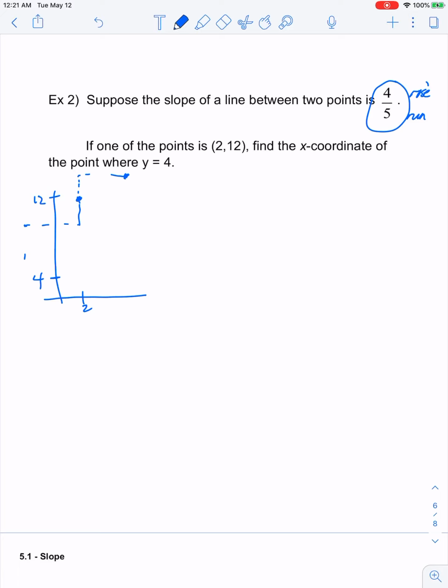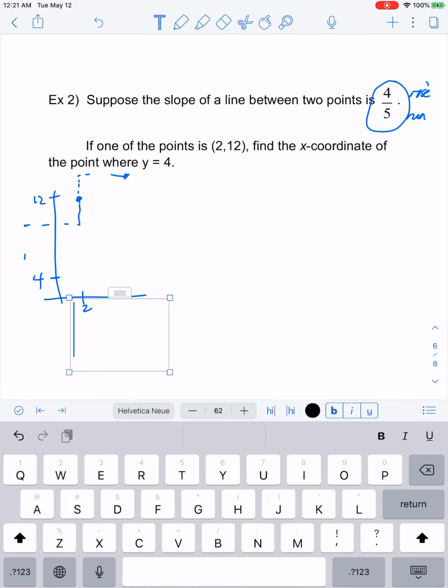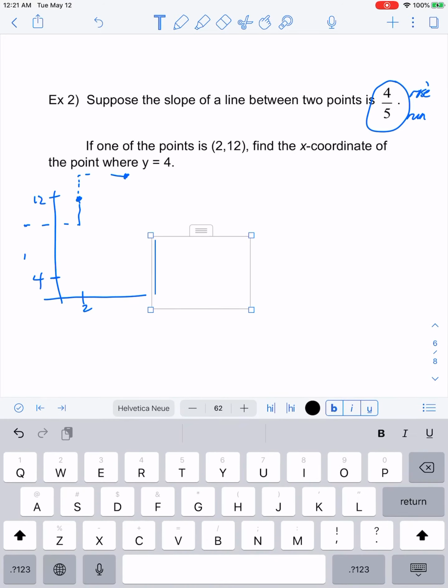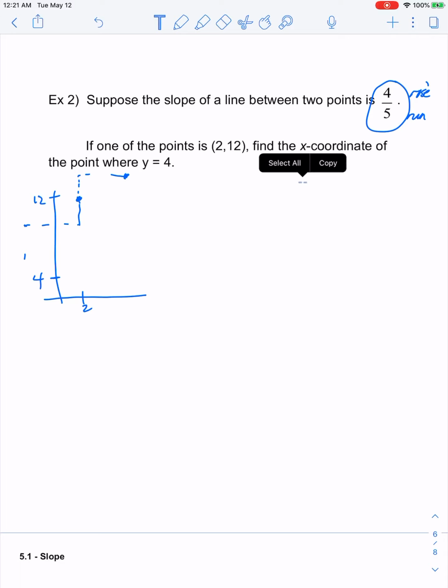I don't think I can move this over. I don't know how to work this software. Okay, so I got some line here, and eventually it's going to hit 4. Somewhere back here it's going to hit 4.